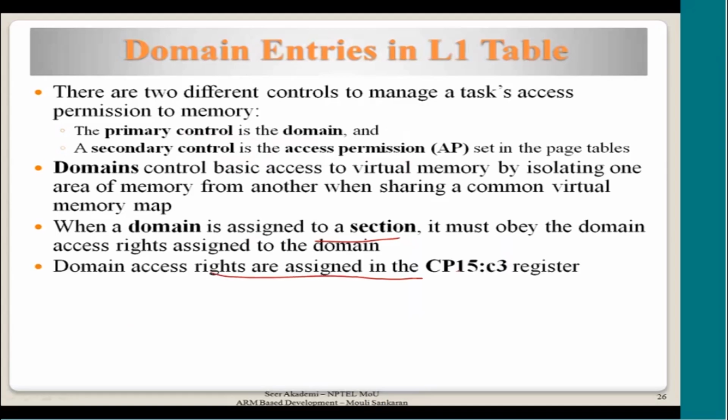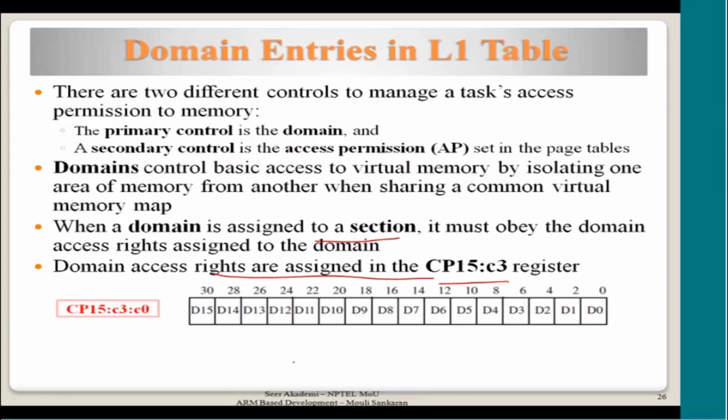Domain access rights are assigned to another register. This register has 16 domains, 0 to 15. See, in the page table entry, you only have to say which domain a 1 MB section belongs to.